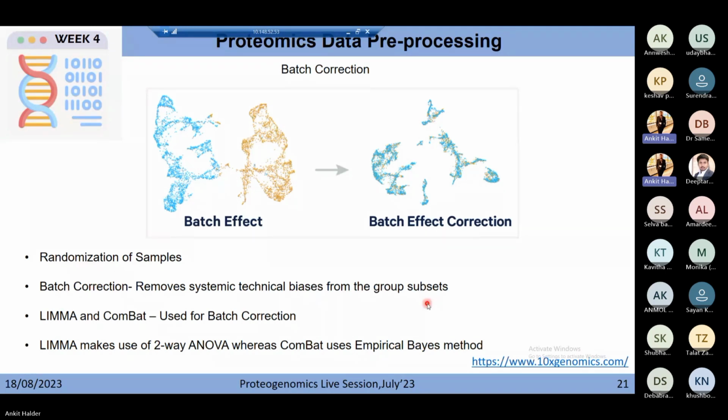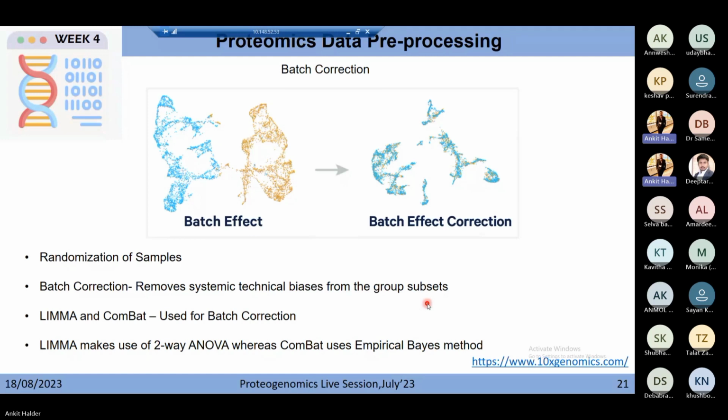Normalization is done sample-wise and does not give quite drastic changes; it handles small sample and small run-to-run variances. But if you have a huge amount of batch effect, it cannot be handled through normalization, and it should be done on the basis of the group subsets.